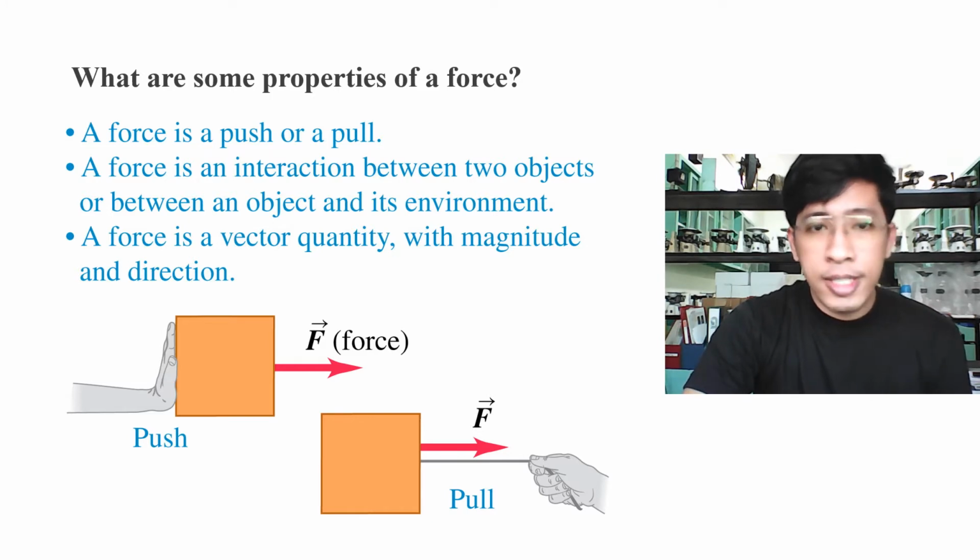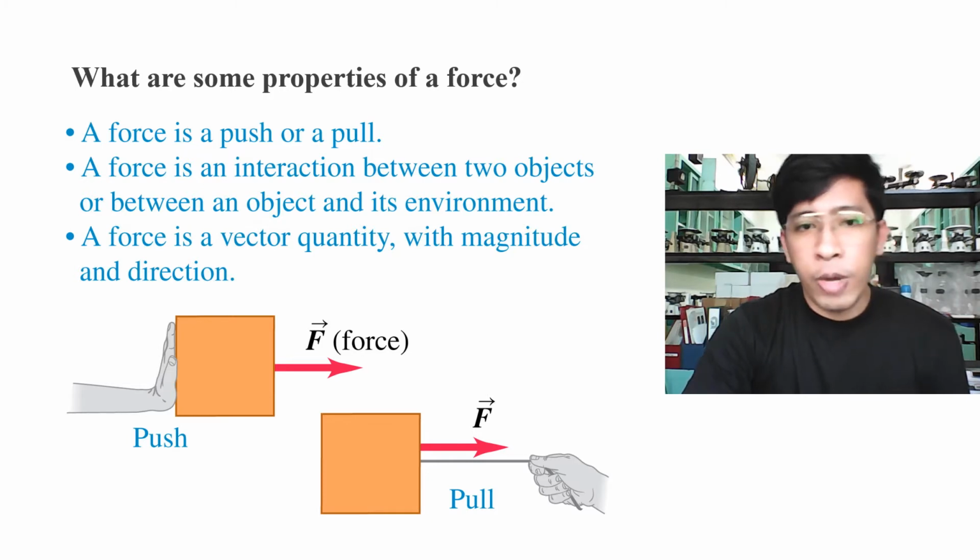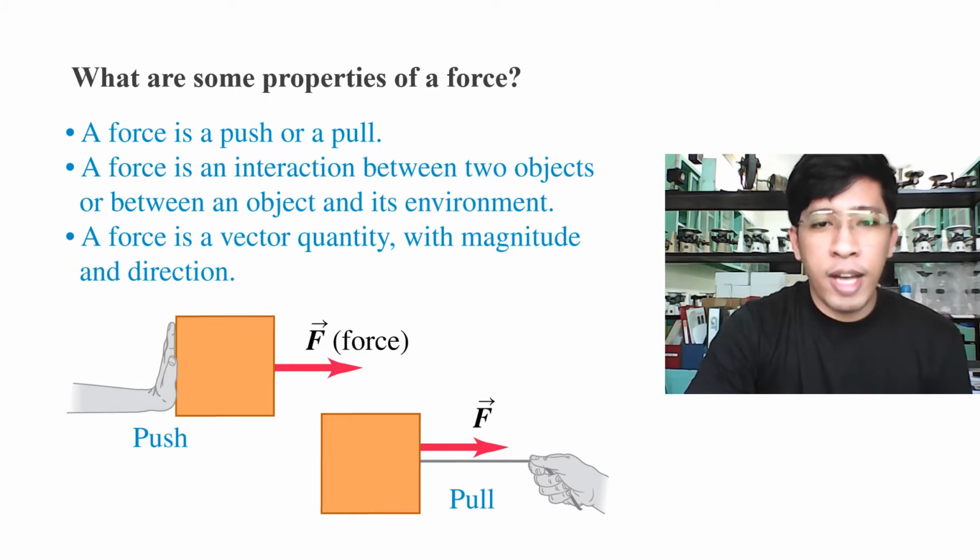And a force is a vector quantity. It has both magnitude and direction. For example, here in the figure, you have a push and a line with an arrowhead to state where the force is being applied, and you also have a pull.